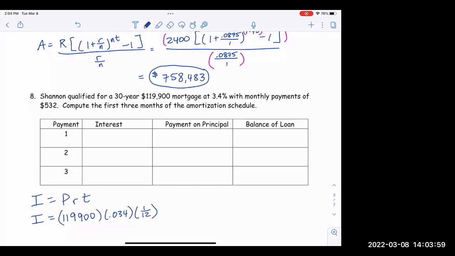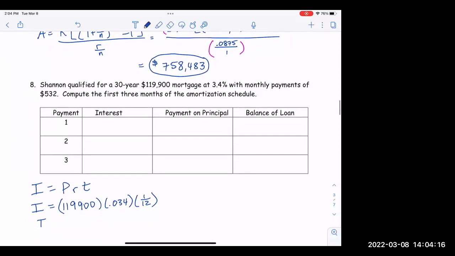Let's do that. 119,900 times 0.034 times 1/12. So for the first month only, you can see the interest is $339.72.